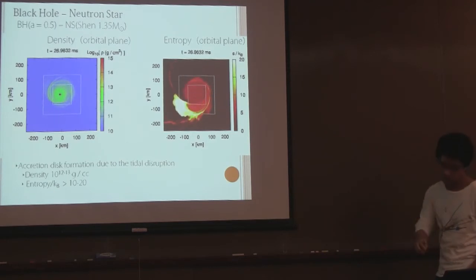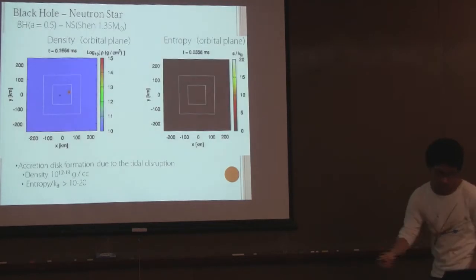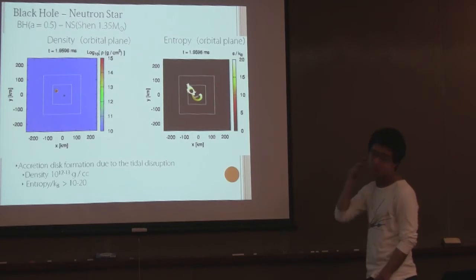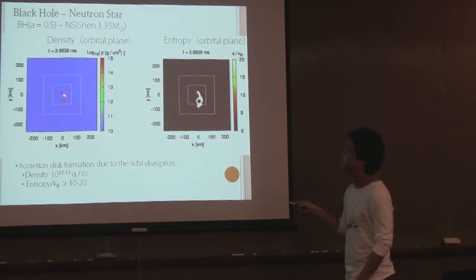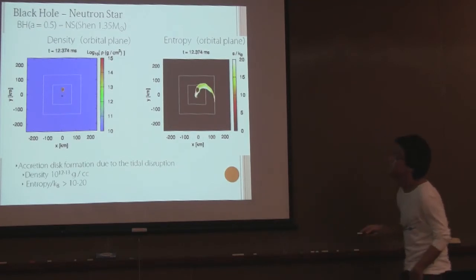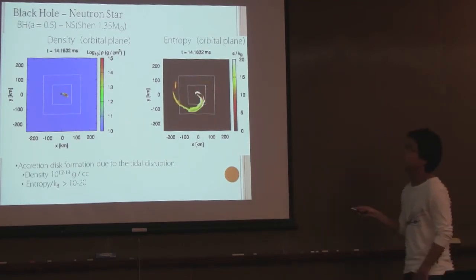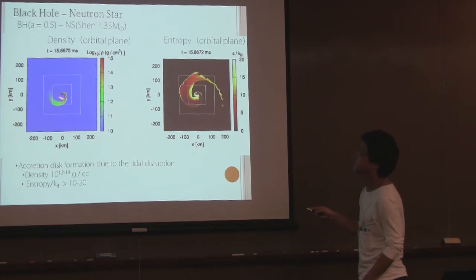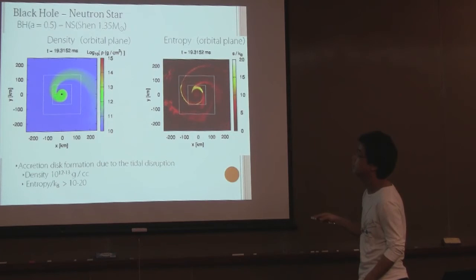As in the binary neutron star case, after starting the simulation, the separation between the two gradually decreases because of the radiation reaction. Then the neutron star is tidally disrupted, and this tidally disrupted neutron star forms an accretion disk around the black hole.